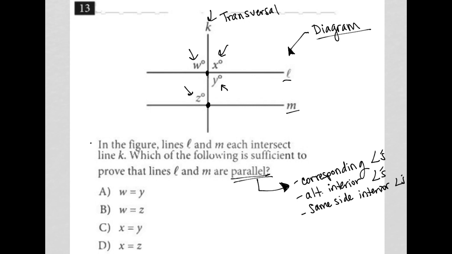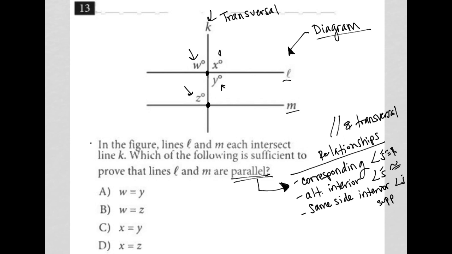And those relationships, if they are true, so these are our relationships when you have parallel lines and a transversal. Corresponding angles are equal to each other, so they're congruent. Alternate interior angles are also congruent, and same side interior angles are supplementary.